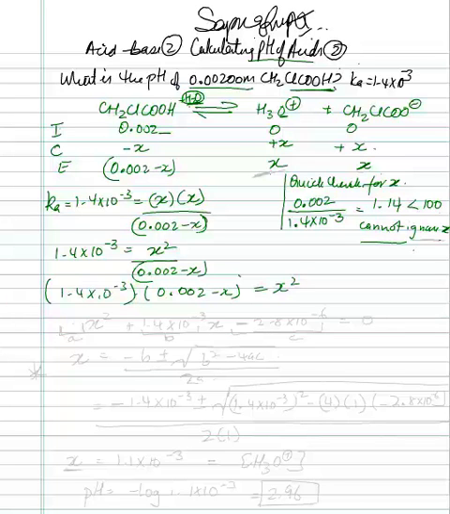Then open everything up, multiply everything, and this is what you should get: X squared plus 1.4 times 10 to the negative 3 X minus 2.8 times 10 to the negative 6, and this is all equal to 0. So once you have this, then you have to set up your quadratic equation, which is X equals minus B plus or minus the square root of B squared minus 4AC, divided by 2A. Okay, it's a little bit long, but you get used to it after a while.